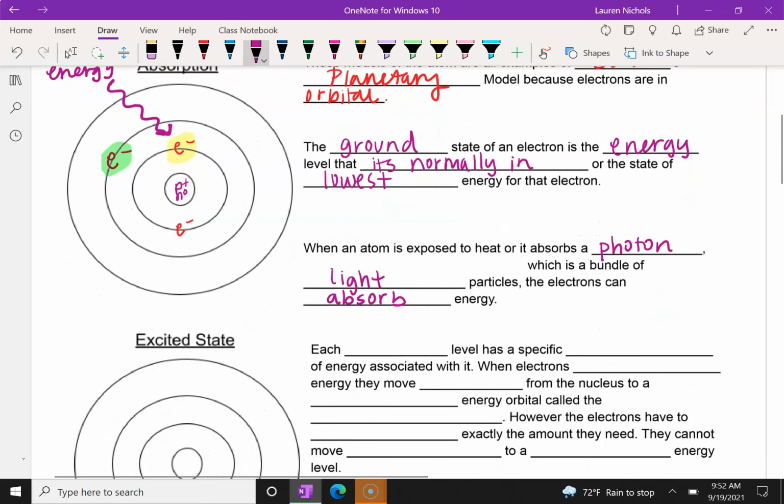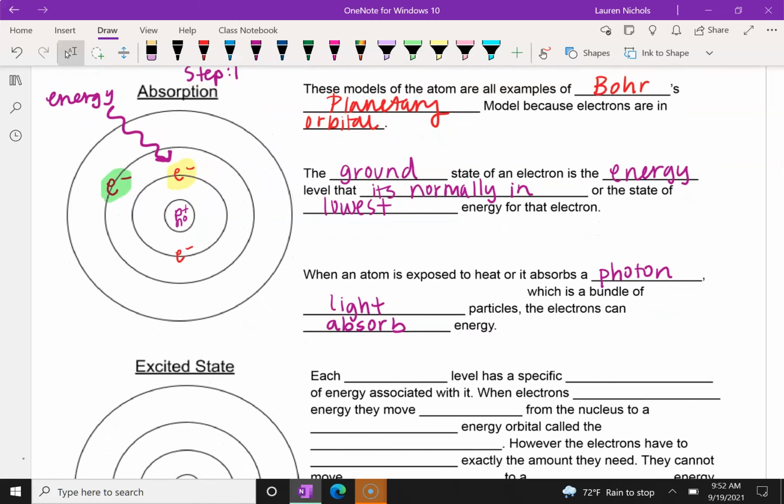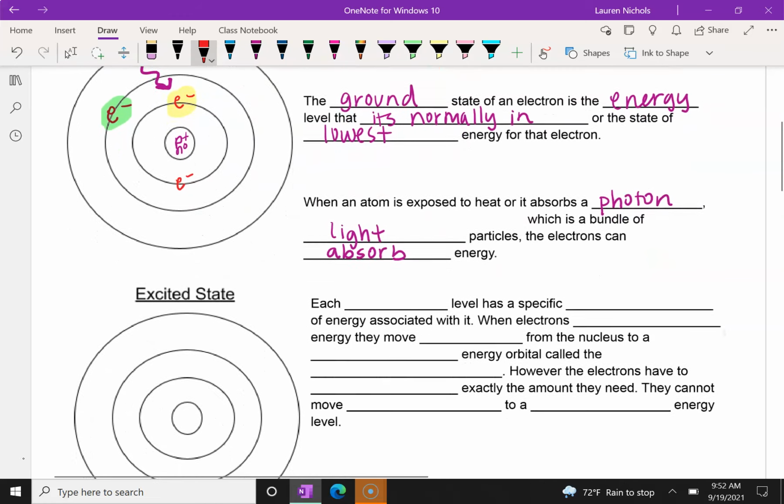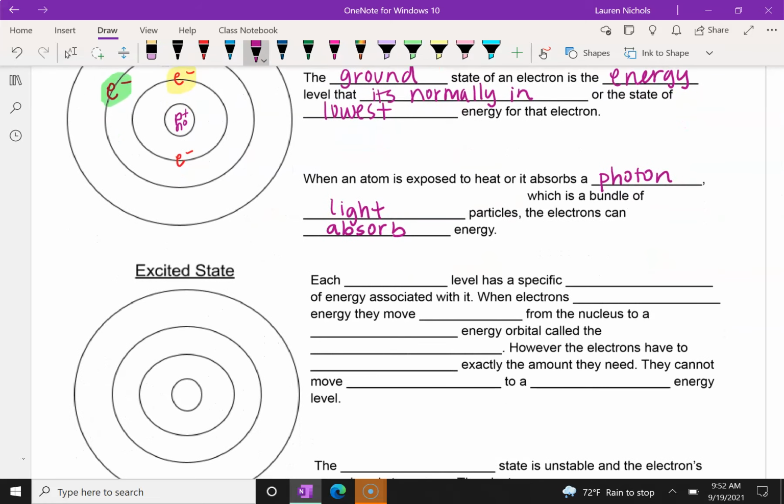Now, when the electron absorbs the energy, okay, energy level 1 only has so much energy. So if the electron has more energy than it did before, then it can't stay there, okay? That's because each energy level has a specific amount of energy associated with it.